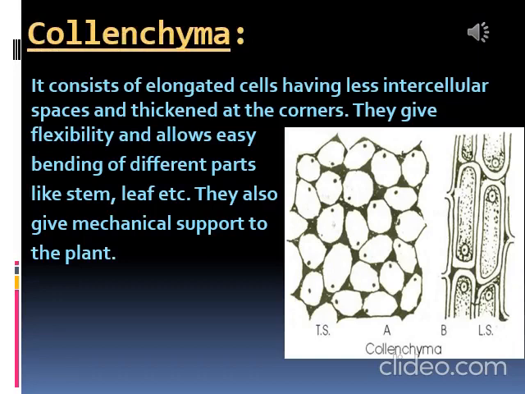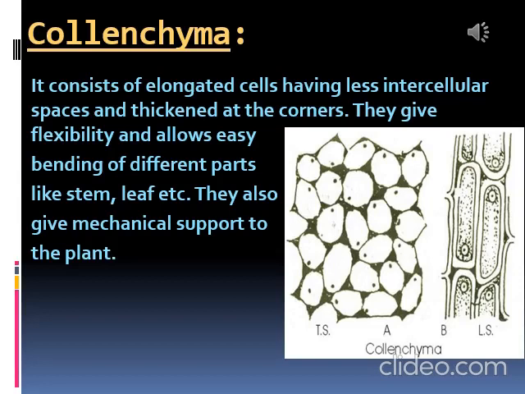The second type of permanent tissue is collenchyma. It consists of elongated cells having less intercellular spaces, and these are thickened at the corners. You can see in the diagram, the thickening is very much visible.